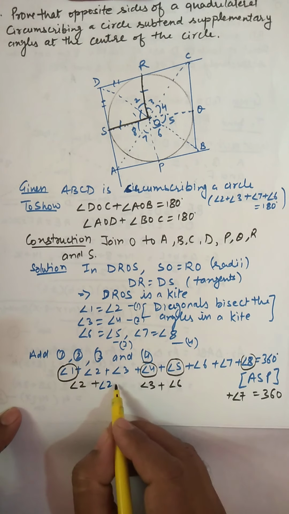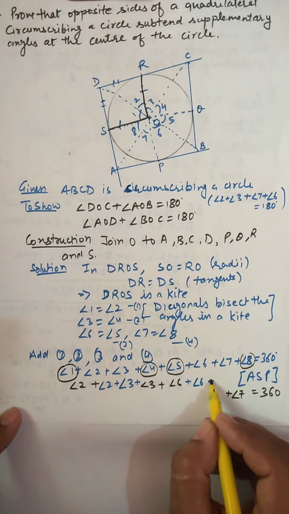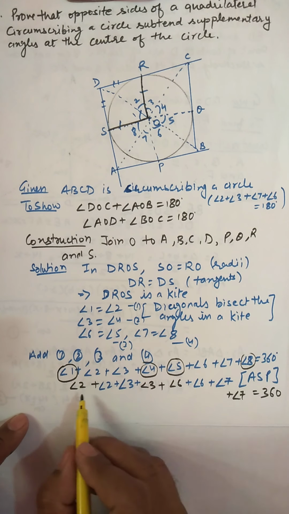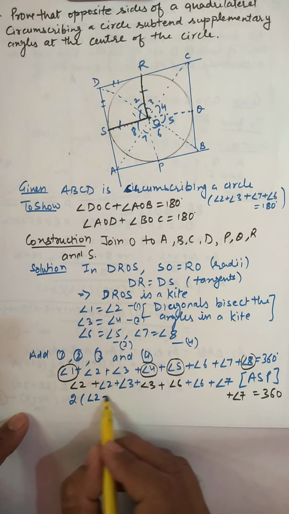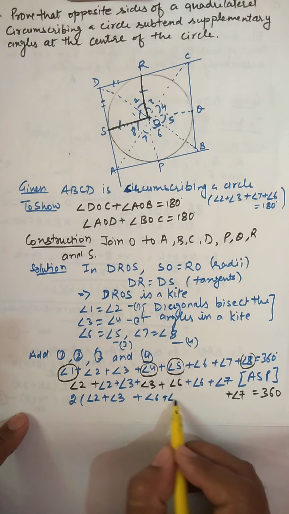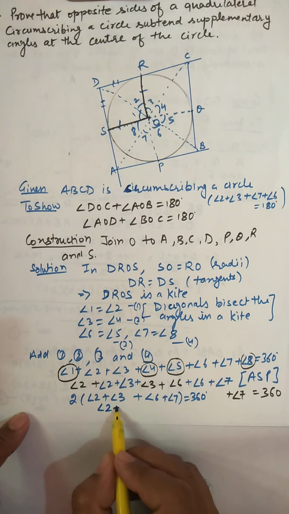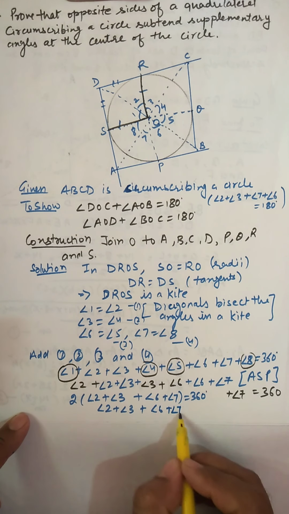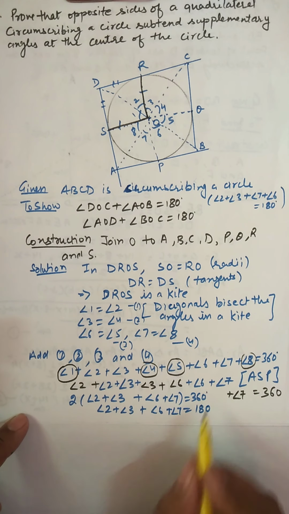This is 2, this is 3, this is 7, 6, and this is 7. Now you can see that this is twice of angle 2 plus angle 3 plus angle 6 plus angle 7, this is equal to 360 degrees. Twice of angle 2 plus 3 and 6 plus 7, this has come to 180 degrees after you take this 2 down to this 360.